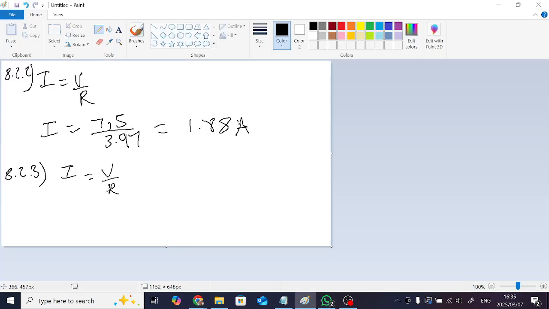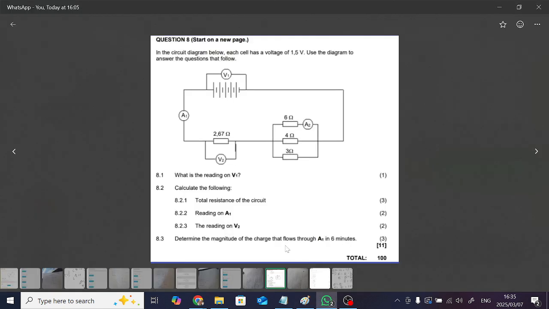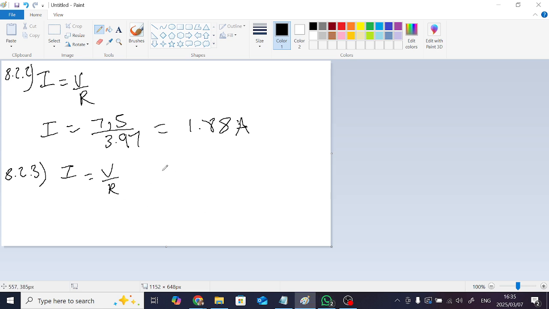So we know this resistor was equal to, what was this resistor equal to? 2,67. So the current in the system is 1,88 times 2,67, and that is going to be equal to the voltage.